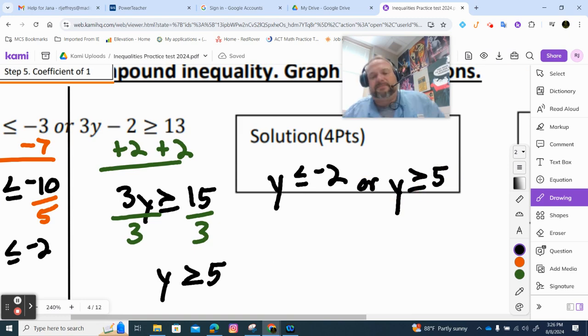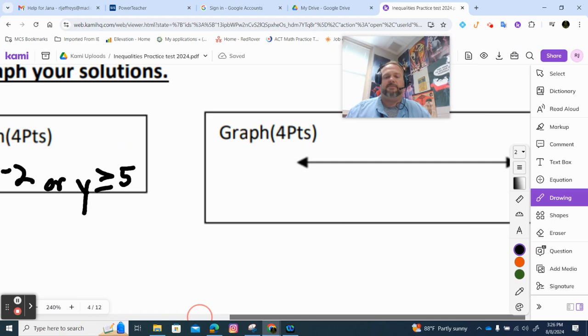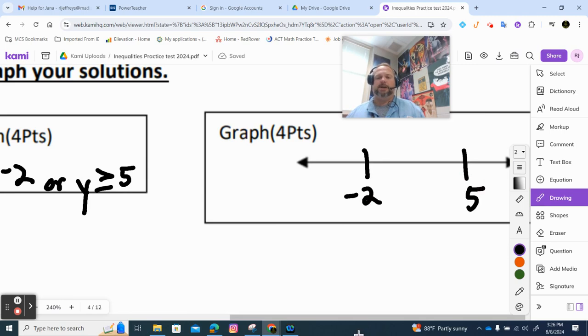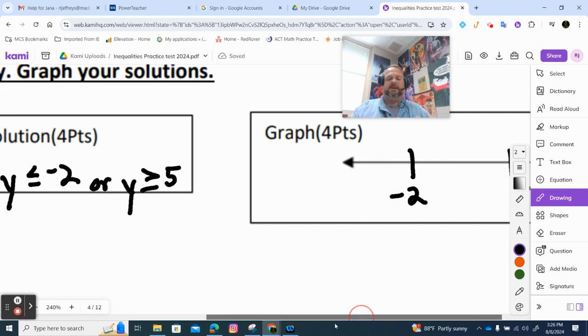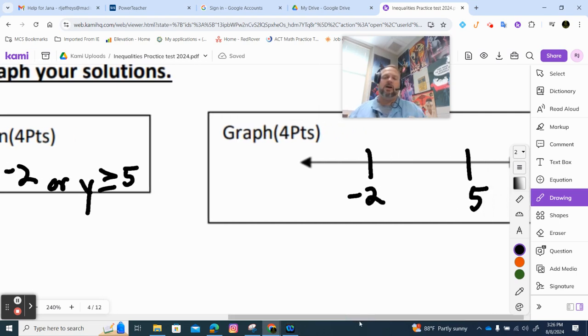All right. So that's my solution. It's going to be either this or this. So now my graph. Well, I wonder. -2, and we got 5. So this says that y is less than. That means all the numbers to the left, that's where they get really small because they're further away from 0. There's 0.